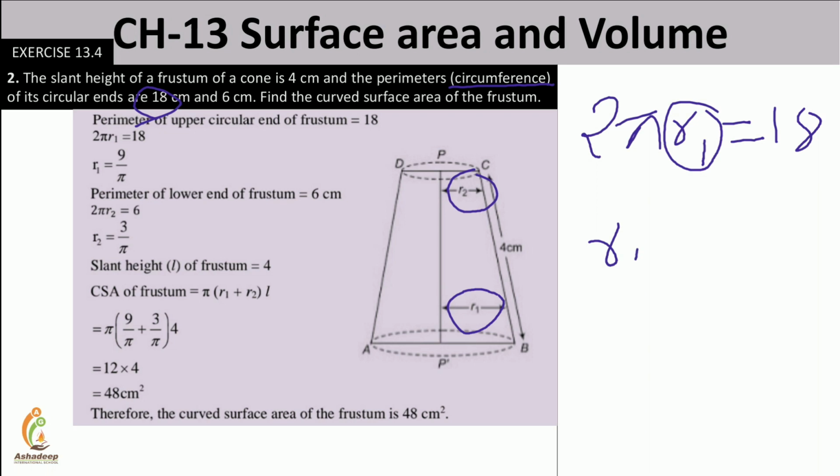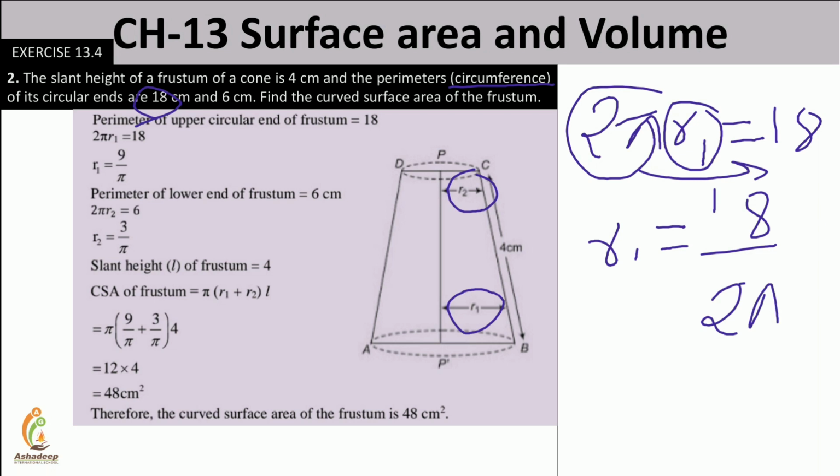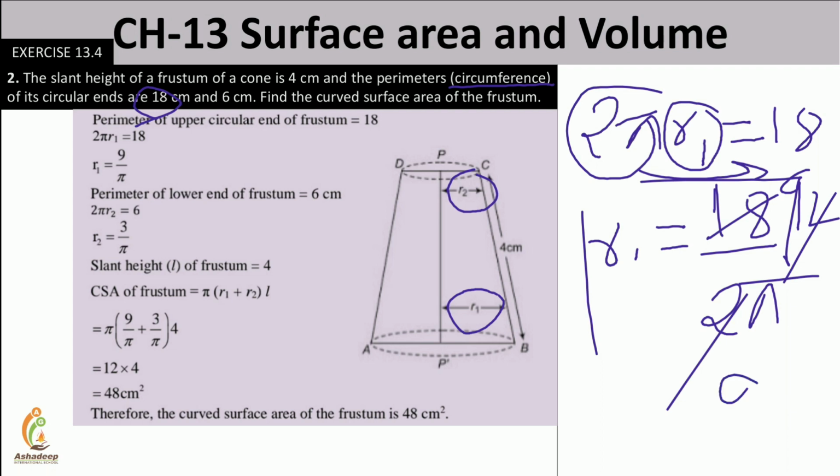So r1 is equal to 18 upon 2 pi, because 2 pi from the numerator goes to the denominator. So this is our r1. 9 twos are 18, so 2 and 2 cut. So the answer is 9 upon pi.